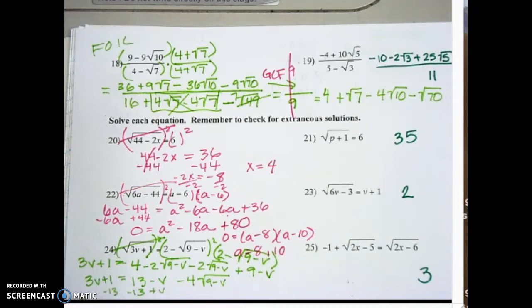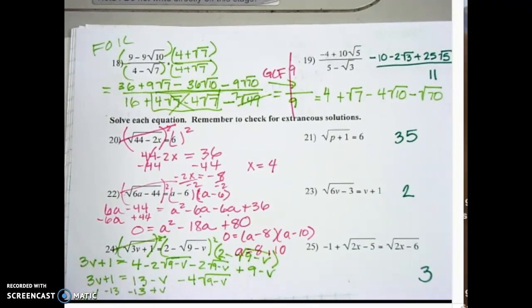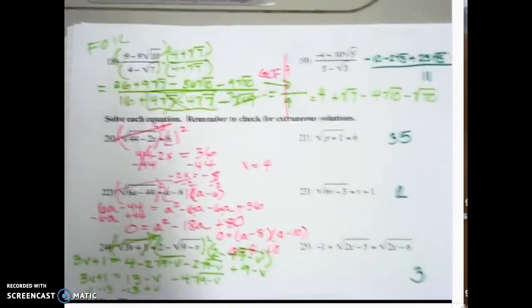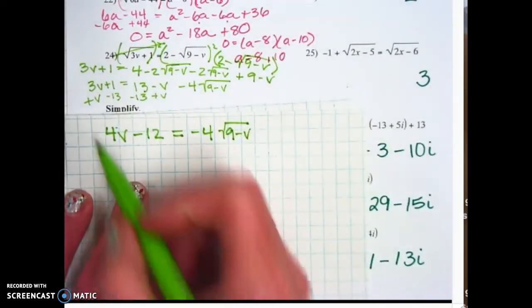Let's add the b. And that gets us to 4b minus 12 equal to negative 4 times the square root of 9 minus b. Whew, looks like we're going to need to square again.